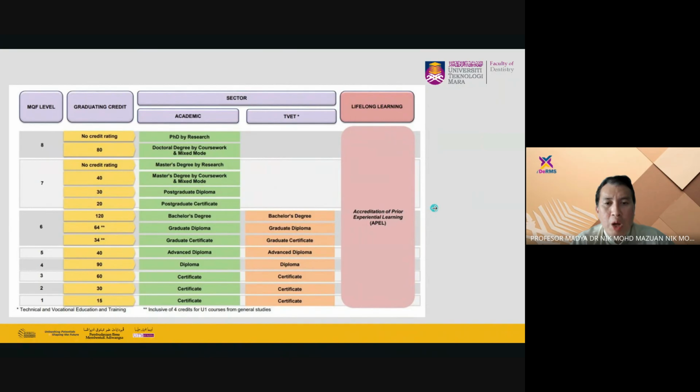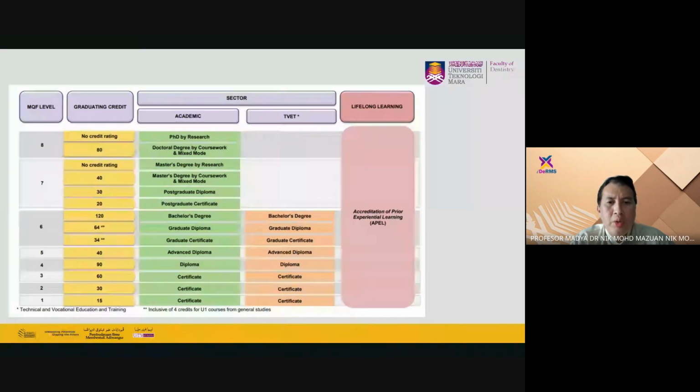So for our BDS, we actually did not follow 120, because this bachelor's degree of 120 is meant for programs that do not have a regulating governance body, like the Malaysian Dental Council, Malaysian Medical Council, Malaysian Pharmacy Council.